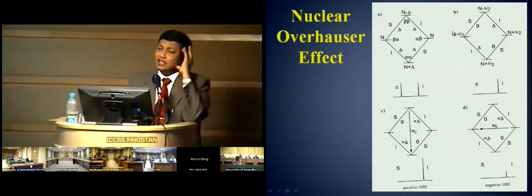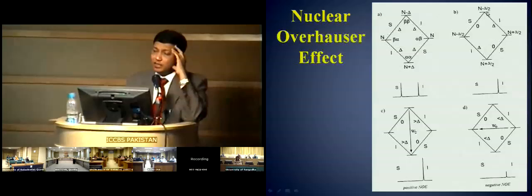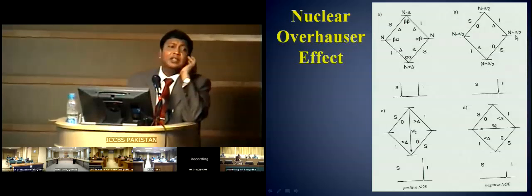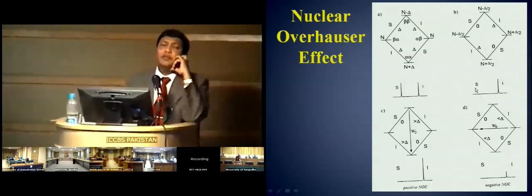And exactly here, this was N minus delta, and you take a half delta from here to here, so it becomes minus half delta. Now, if you look into it, the S would have no difference in population. There is no difference in population of S lines. So S becomes zero. There would be no peak in the nuclear Overhauser effect.